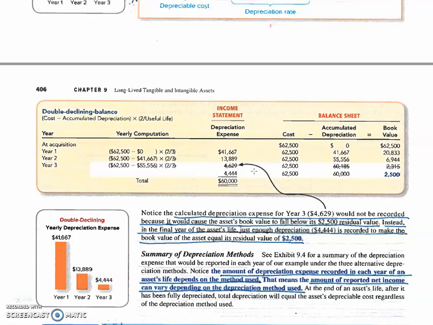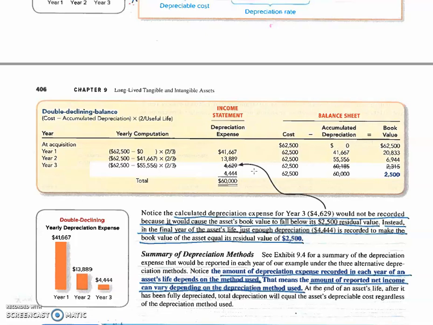Now, sometimes you have the opposite problem, and that is if we have zero residual value under the double declining balance method, we would never fully depreciate an asset. So even in a case like this with a 3-year life, you're taking 2/3 of the net book value every year. Well, if we take 2/3, we always have 1/3 left. So first year, we take 2/3 and we have 1/3 left.